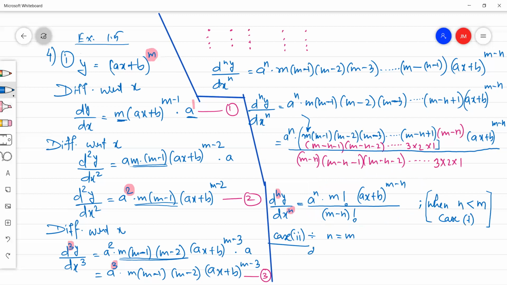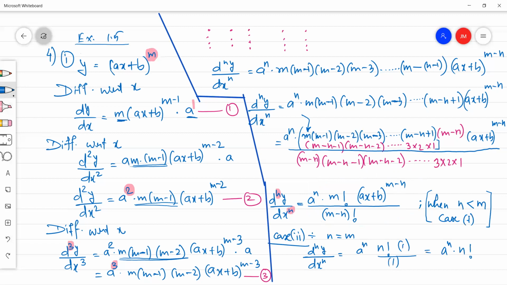So you have dny upon dxn is equal to a raised to n. This is n factorial. M minus n becomes n minus n, which is 0. Power is 0, so 1. And n minus n, again 0 factorial is 1. So the final answer is a raised to n into n factorial.